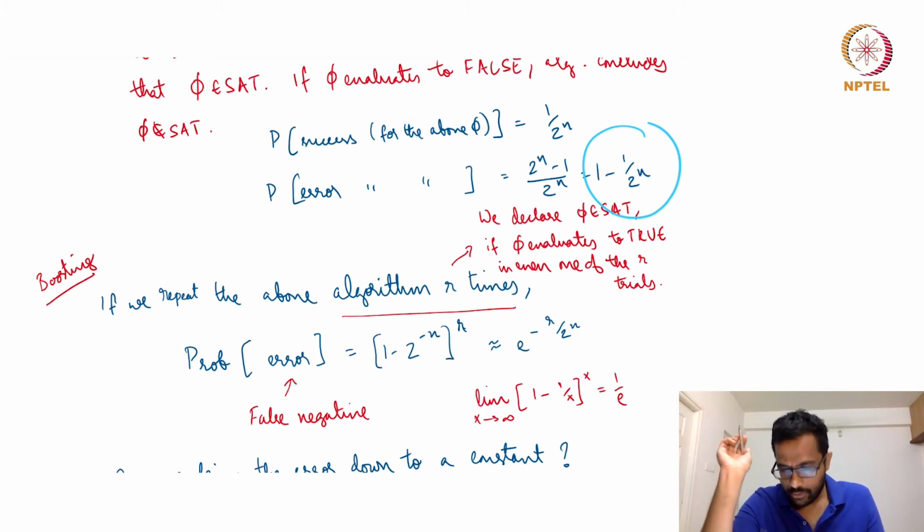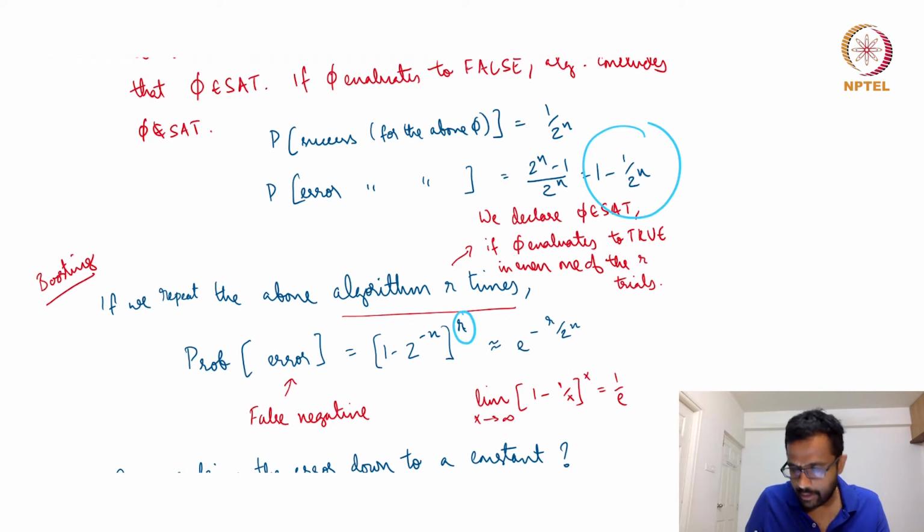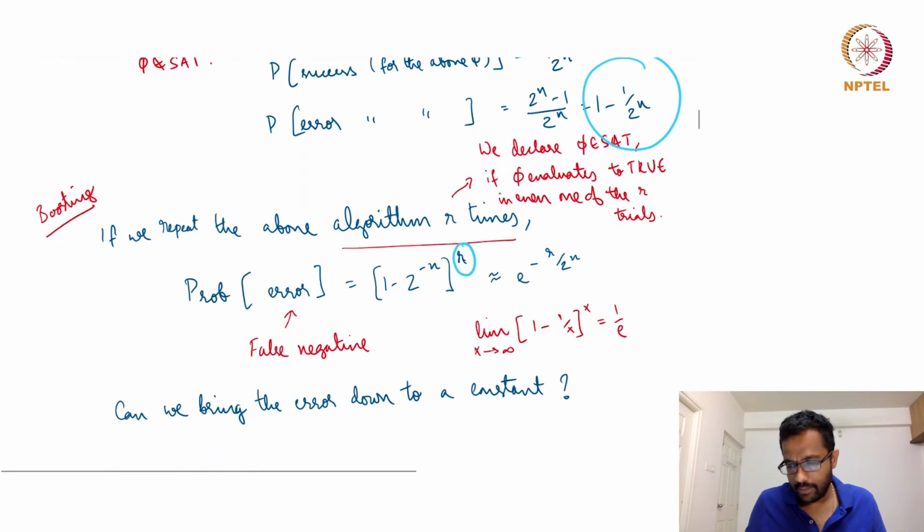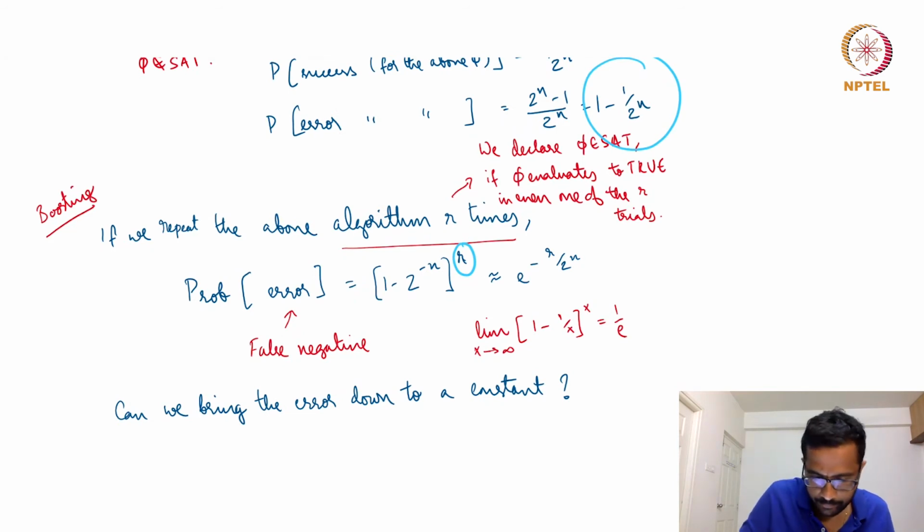Okay, so the probability of error is every time it gets multiplied. So there is an R in the exponent here, and this is simplified into e power minus R divided by 2 power n.